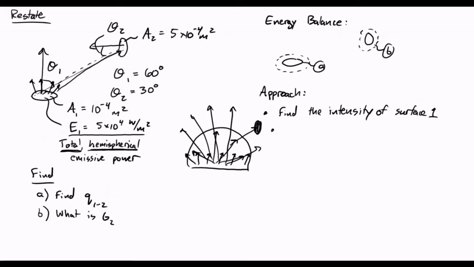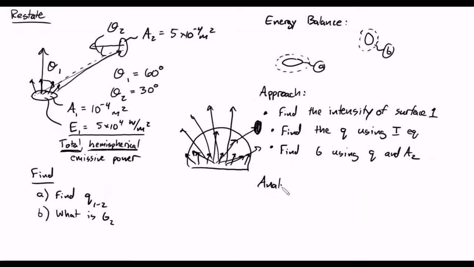Once we have the intensity for surface 1, we can find the heat rate using the intensity equation. Finally, we can find the heat flux using our newly computed heat rate and the known area of surface 2. All right, so let's get right into it. That brings us to analysis.